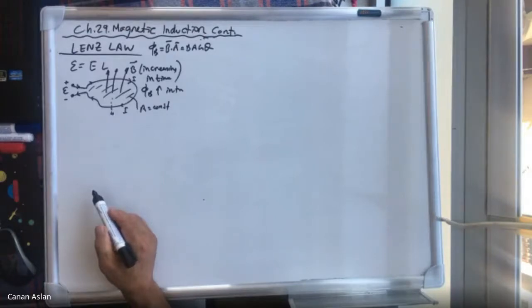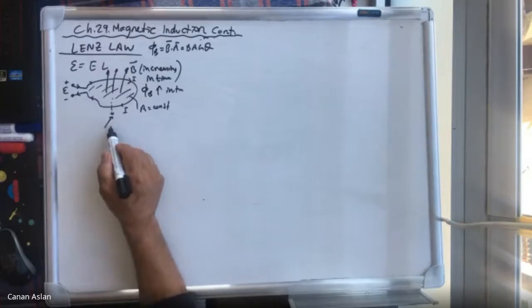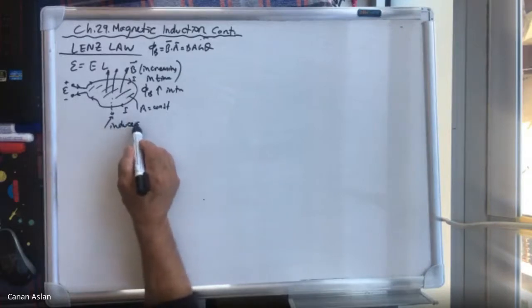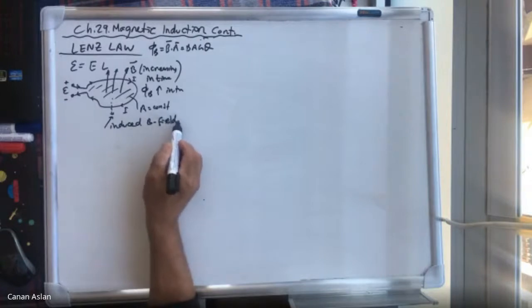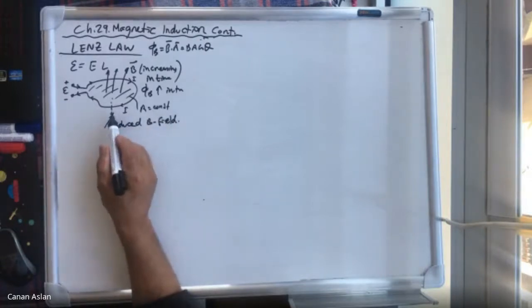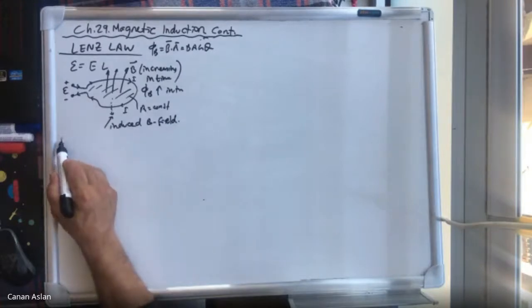Now, we know that this is the induced B field, the induced magnetic field. We already know how to get the direction of this induced magnetic field, but let's write it systematically.